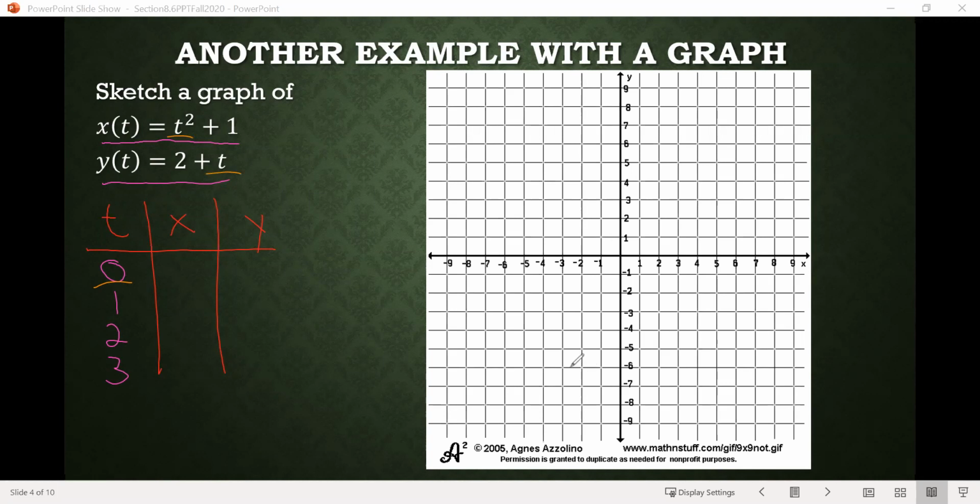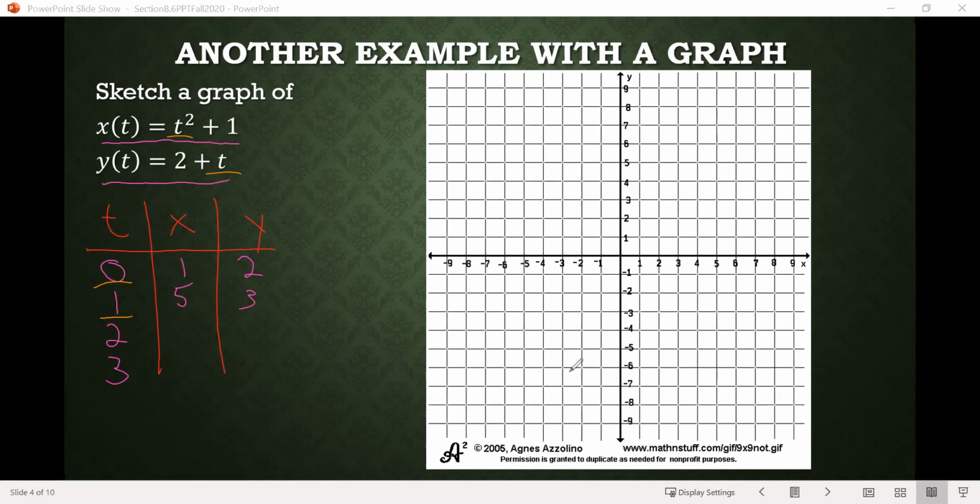If I do this, you can double check, it looks like for x, I would get 1, and for y, I would get 2. If I then plug in 1 for t in each of these, for x, we would get 2, and for y, that would give us 3.